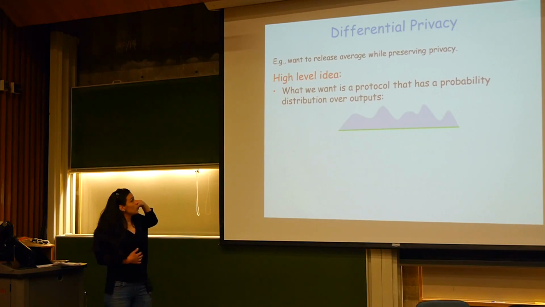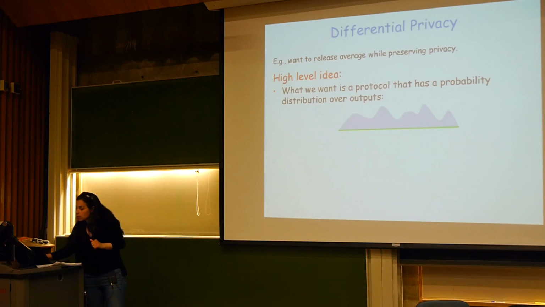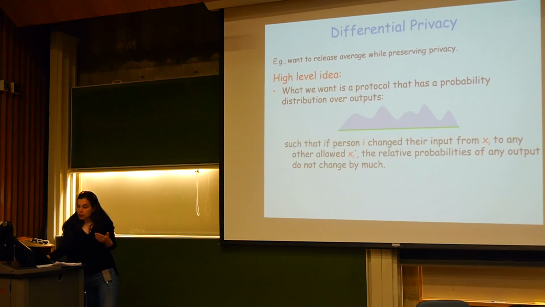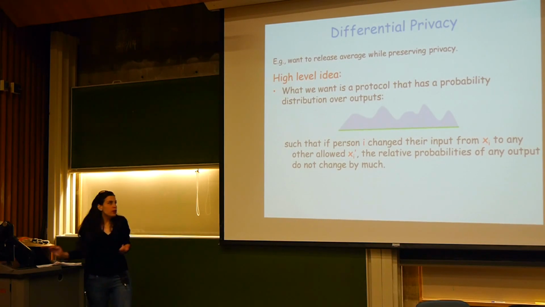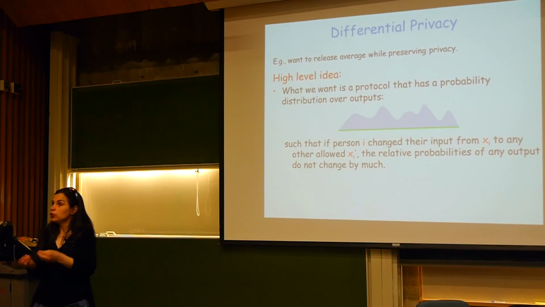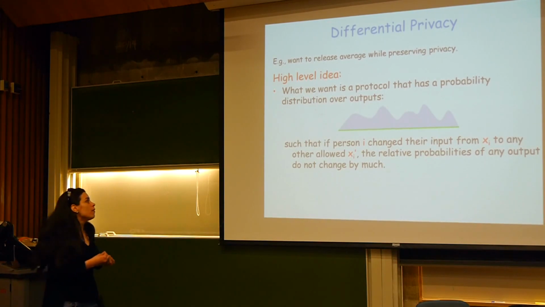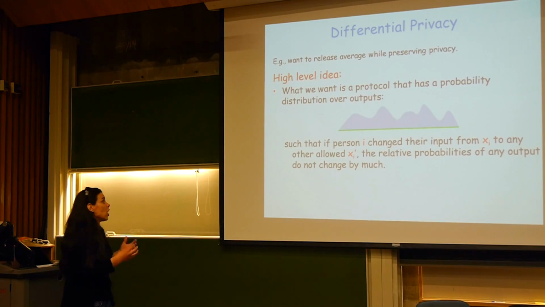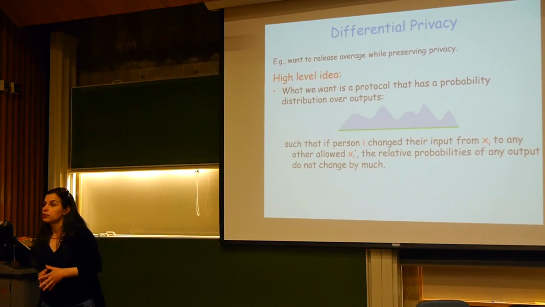Then the mechanism will be differentially private if it has the property that if a person i changed its input from a certain number x_i to a different number x_i prime, then the relative probabilities of any output do not change by too much.